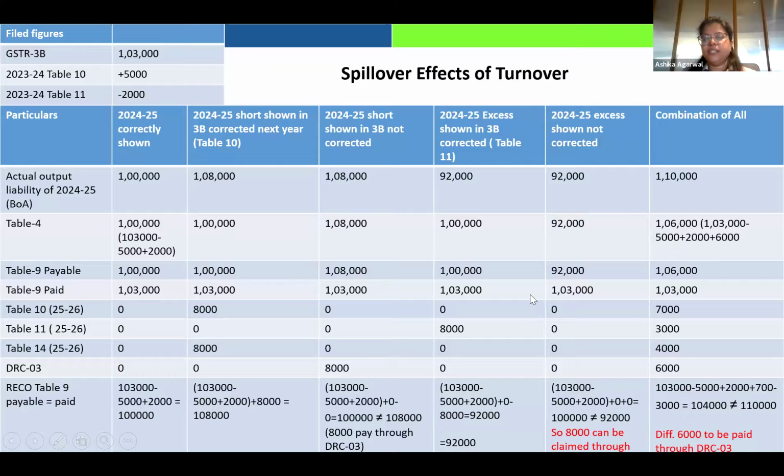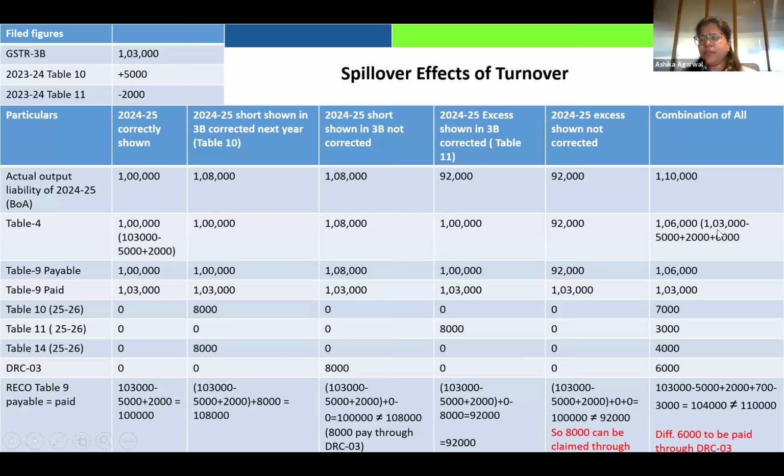Now, whatever we discussed, where we took 23-24 impact in 24-25 and 24-25 impact in 25-26, this is a combination of all the above. So here our actual books is 1 lakh 10. Tax paid is 1 lakh 3, out of which only 1 lakh belongs to the current year.